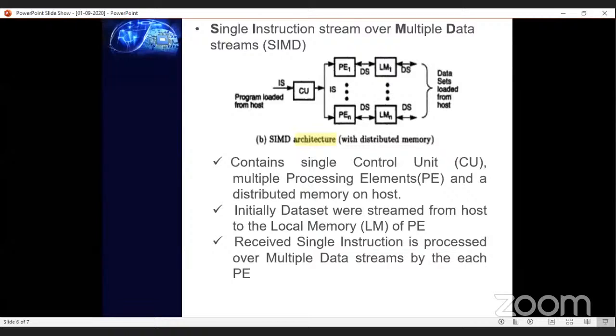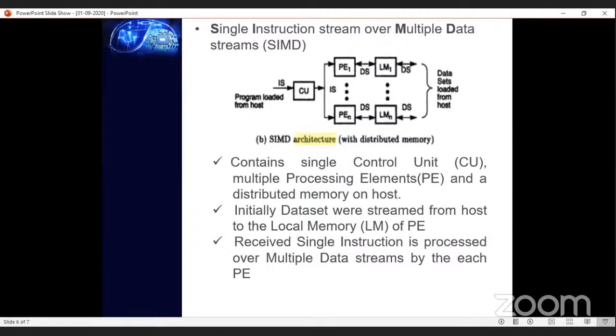Thereafter, the single instruction is fetched from the distributed memory by the control unit. After fetching the single instruction, the control unit forwards that instruction to all processing elements. Each processing element receives the single instruction from the control unit, and each starts to execute the same instruction over the data from its local memory.